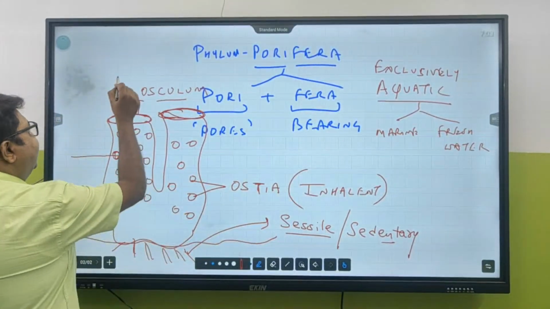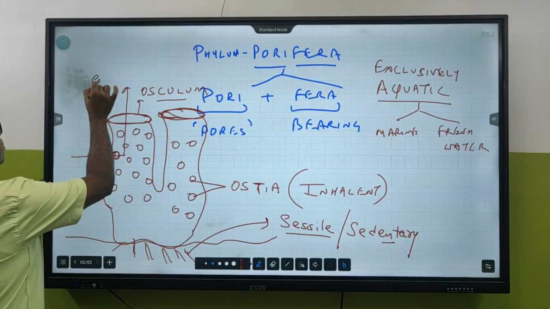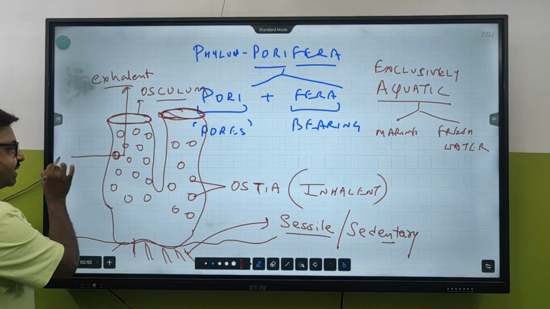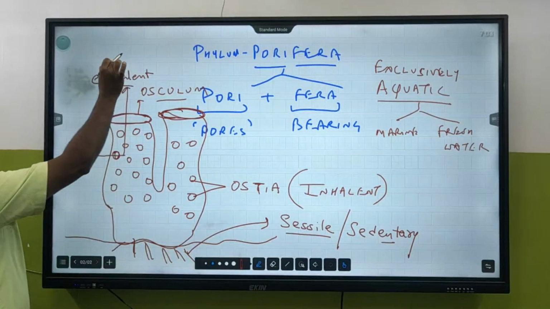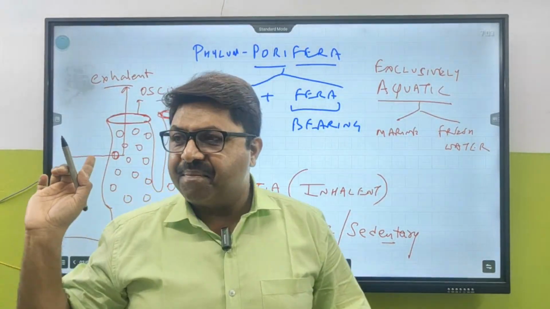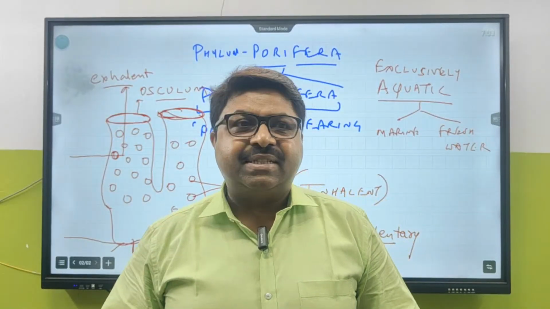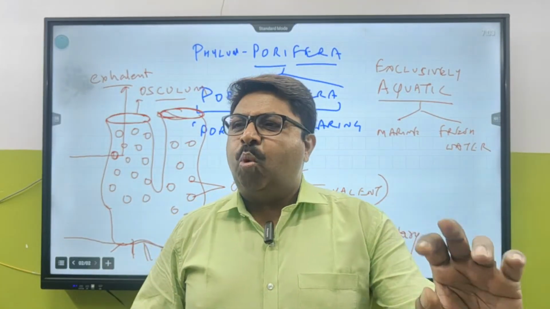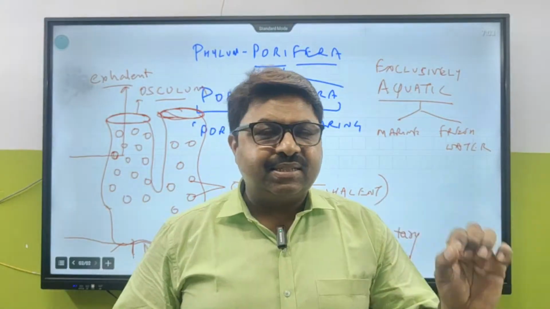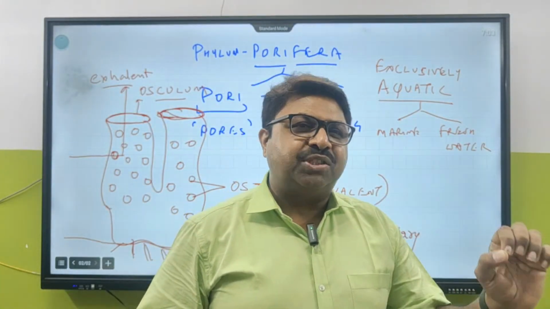What is exhalant? The water moves out, exits. So water gets inside through the ostia and goes out through the osculum. This is a special characteristic in them. Make a wild guess: water canal system or water vascular system?